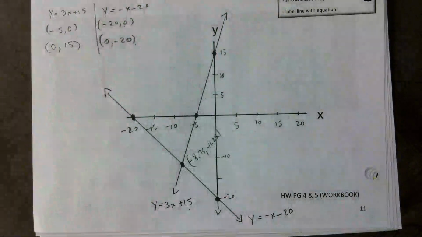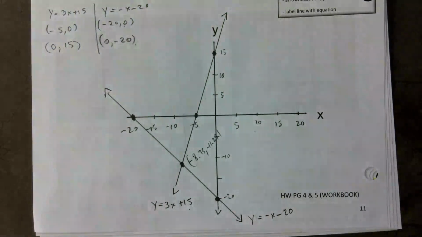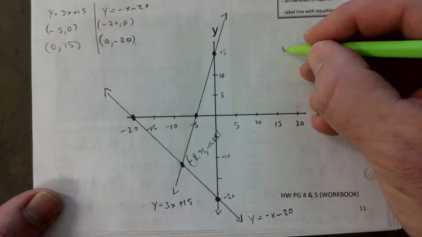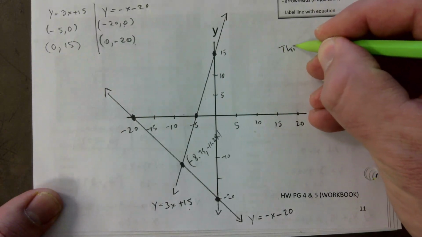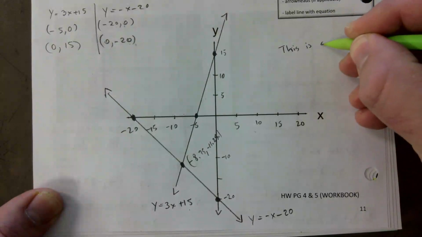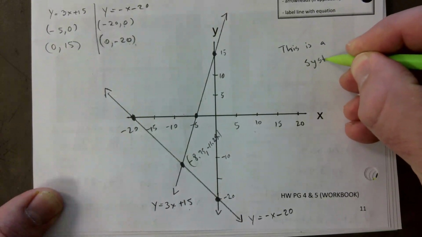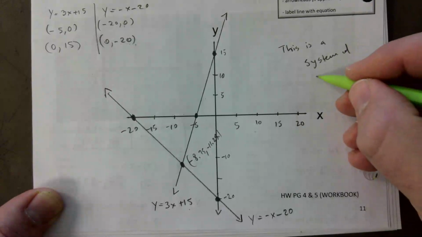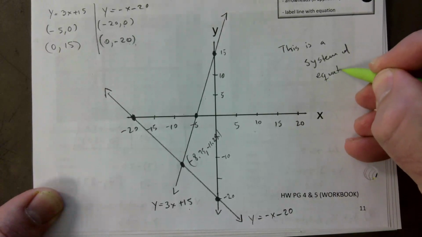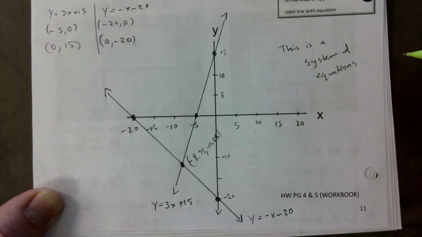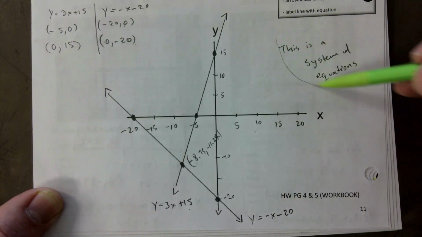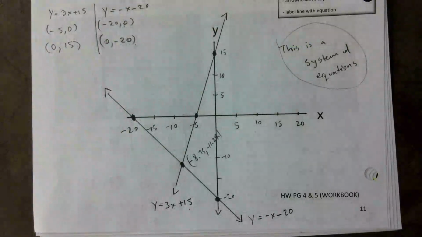And you've got yourself a system. This is a system of equations, right? A linear system. As soon as you have more than one line, we call it a system.